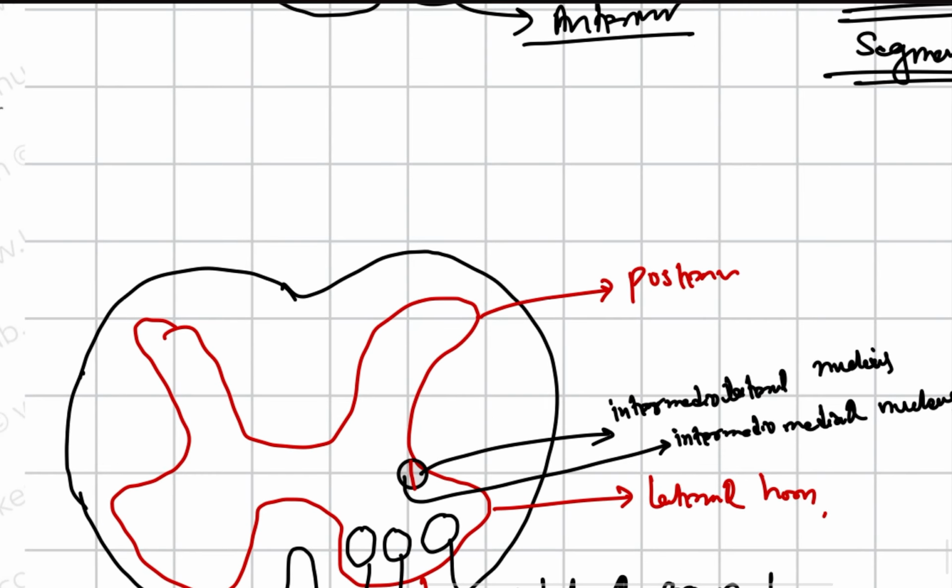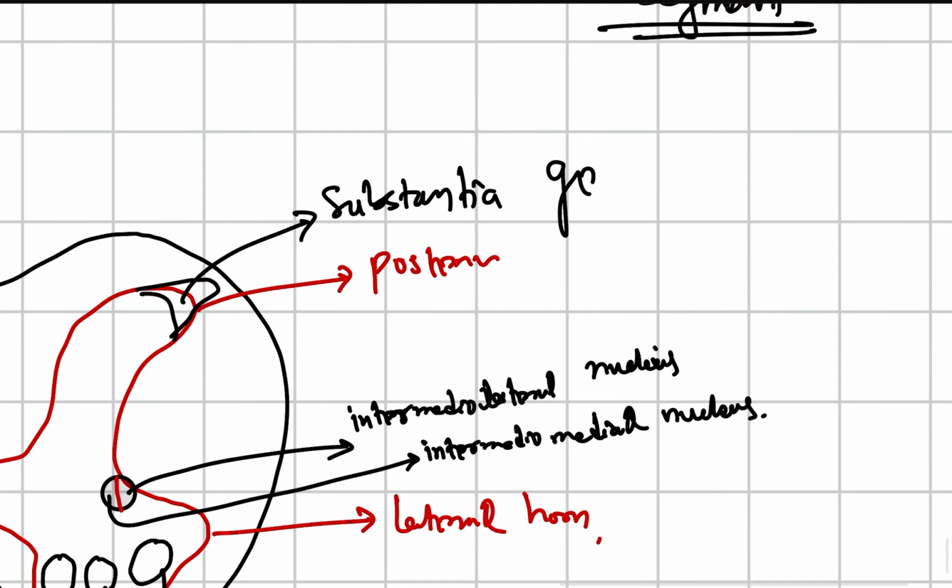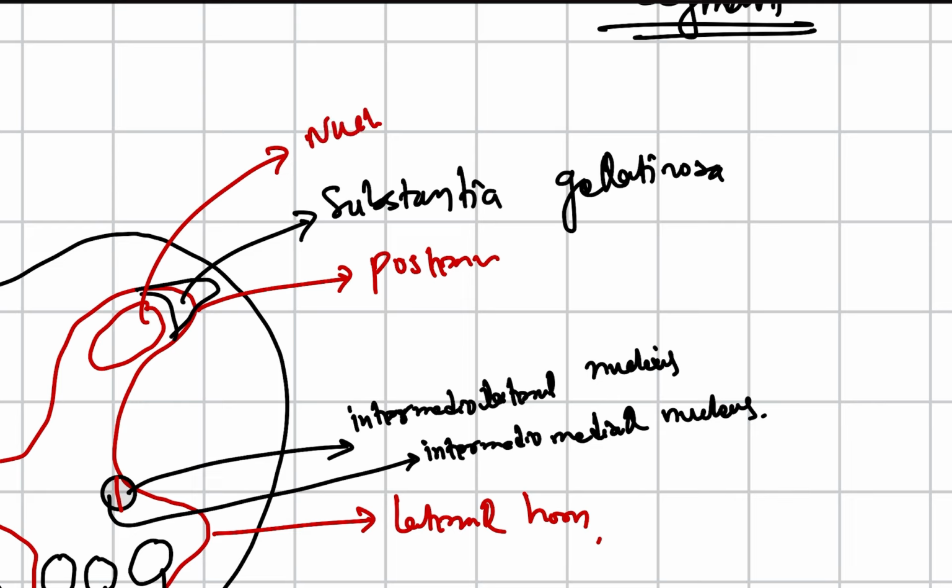In the posterior, this nucleus is known as substantia gelatinosa. After that, there is another group, which is called nucleus proprius.